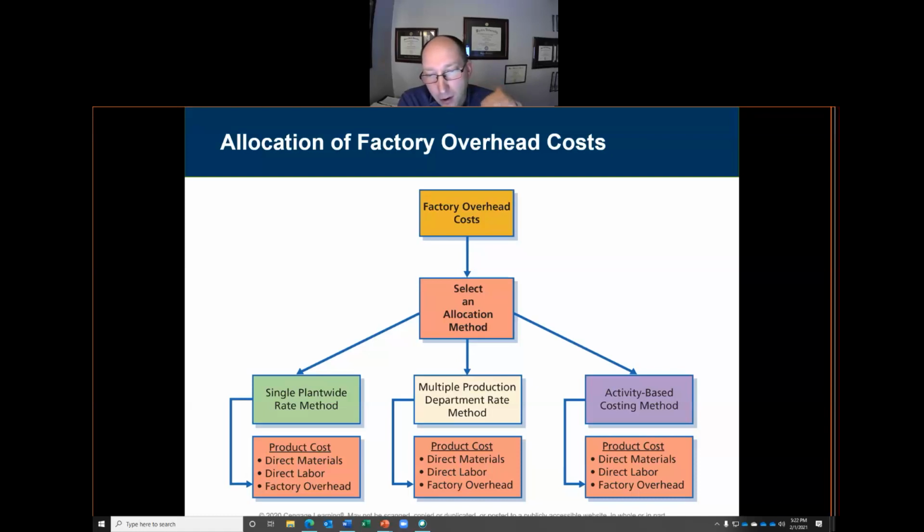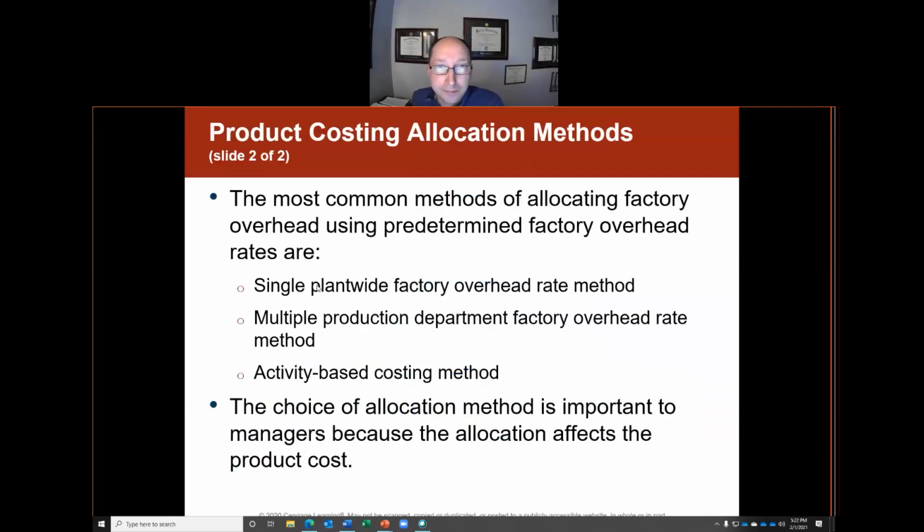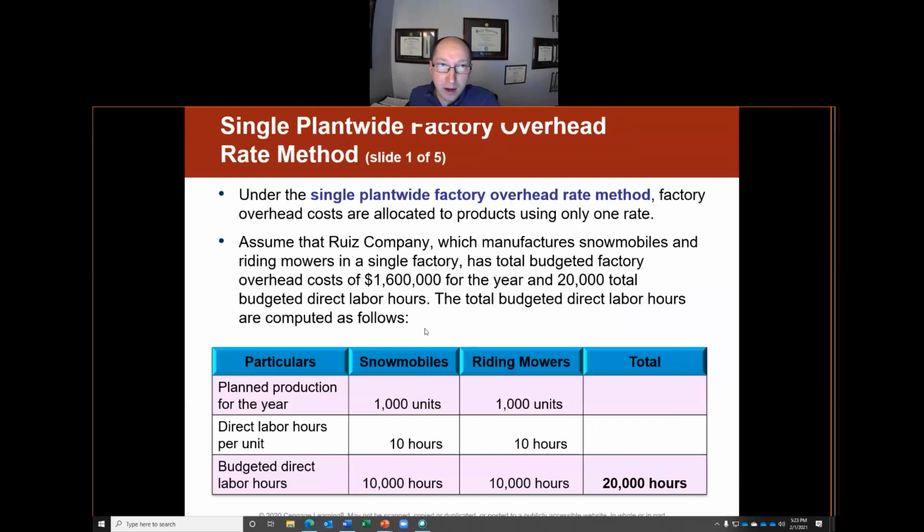It's a factor of the activity. That's why we call it activity-based costing. And we'll talk a lot more about that. Good conversation. So the three, again: single plant-wide method, multiple production department method, and activity-based costing method. A company will select one of these three methods for allocating their manufacturing overhead.